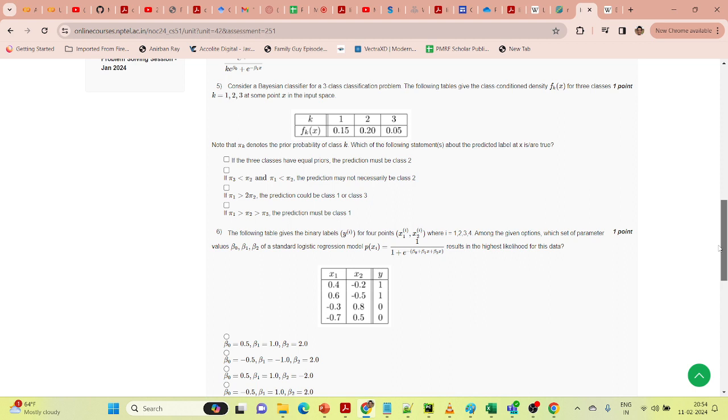Let's see. Consider a Bayesian classifier for a 3-class classification problem. The following tables are given.